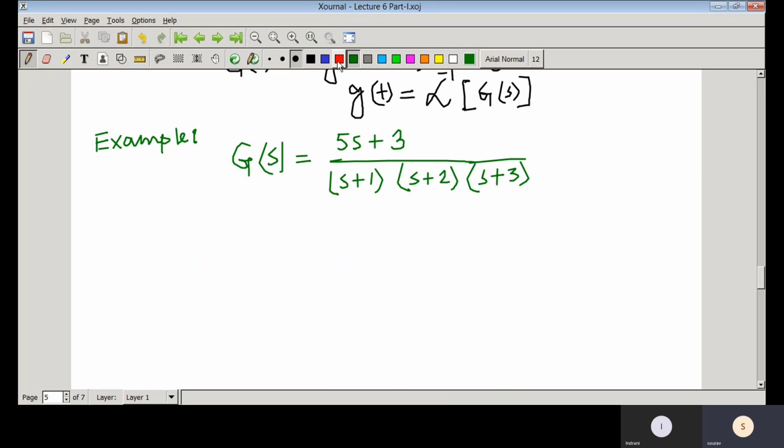Your job is to find g(t). So how will we do that?